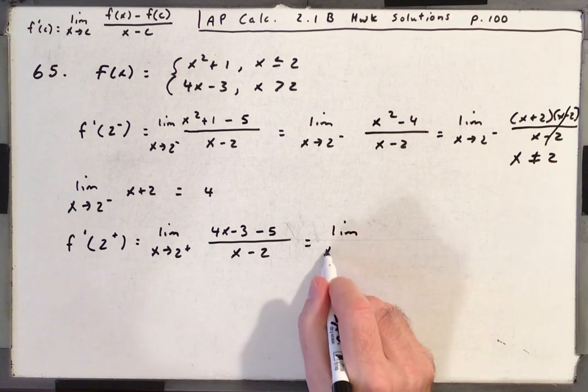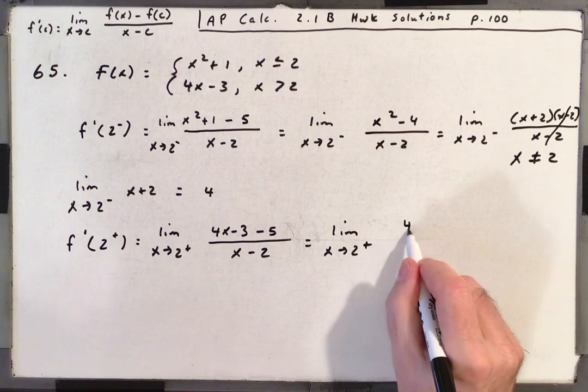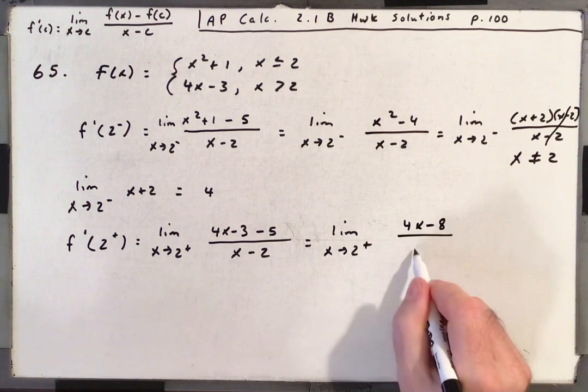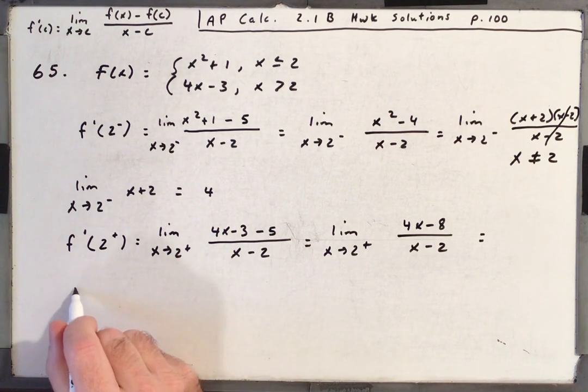So that's the limit as x approaches 2 from the right, 4x minus 8 over x minus 2. And hopefully you recognize you could factor out a 4.